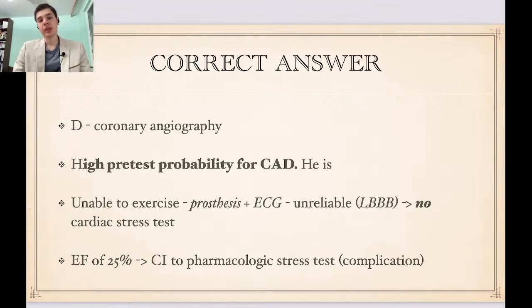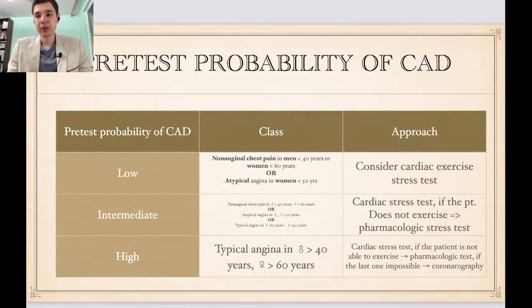Now, how do we calculate this pretest probability for coronary artery disease? Our pretest probability can be considered low, intermediate, and high. Low is for men that are less than 40 years or women less than 60 years that have non-anginal chest pain.